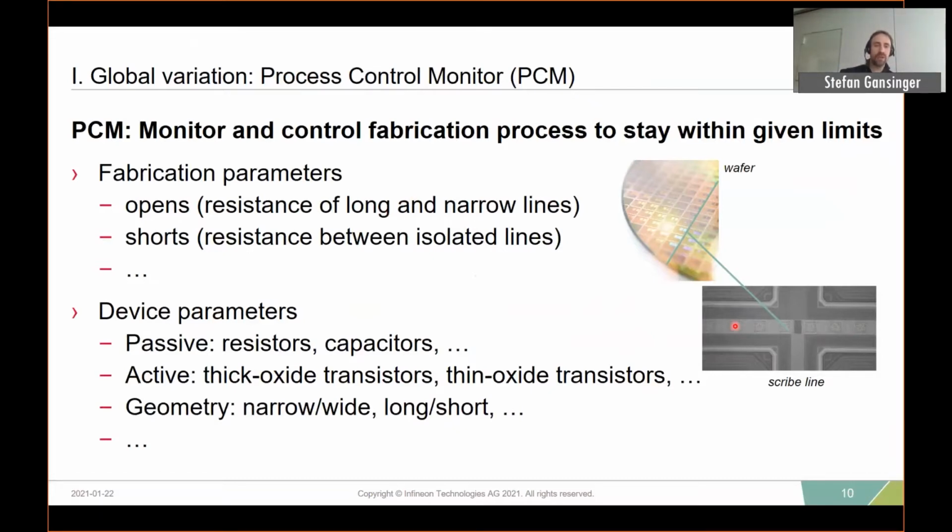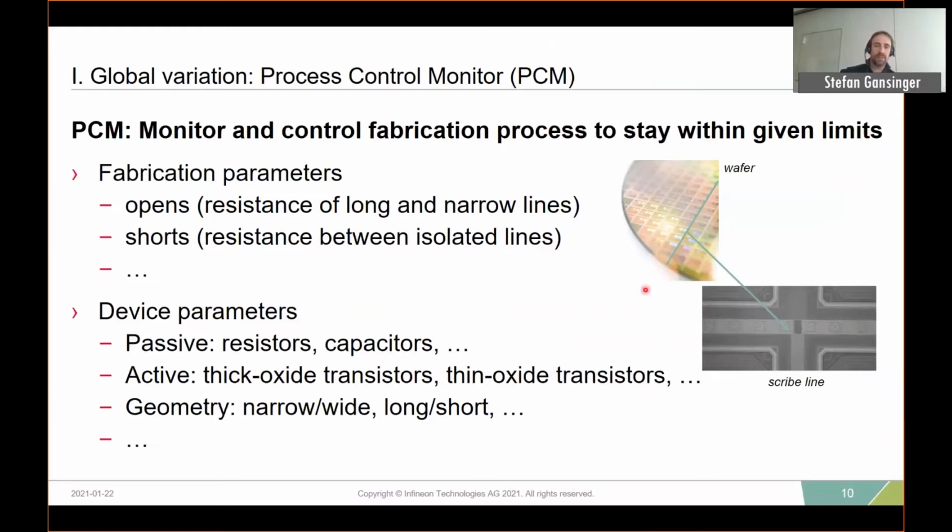We are measuring fabrication parameters. For instance, the resistance of long and narrow lines, which is a monitor of how well the metal stack is produced. Also, we have devices in the PCM, like transistors, resistors, and capacitors, and we can do some measurements on these devices.